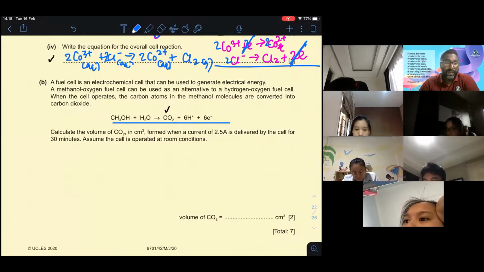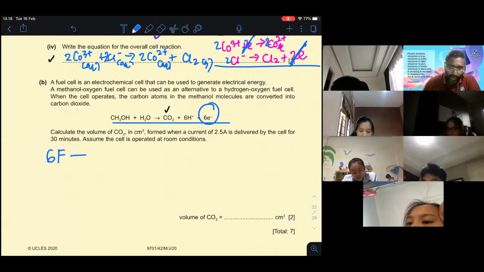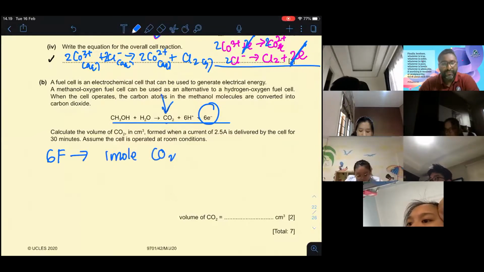Looking at the 6 electron, it means that 6 Faraday is required to form 1 mole of CO2.